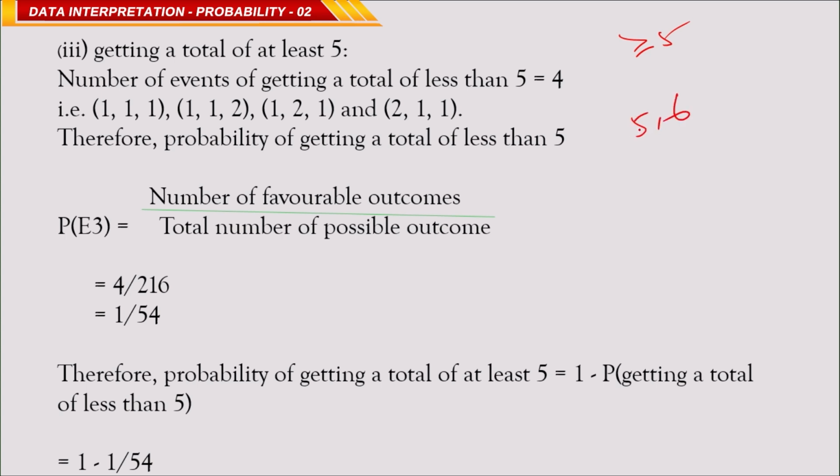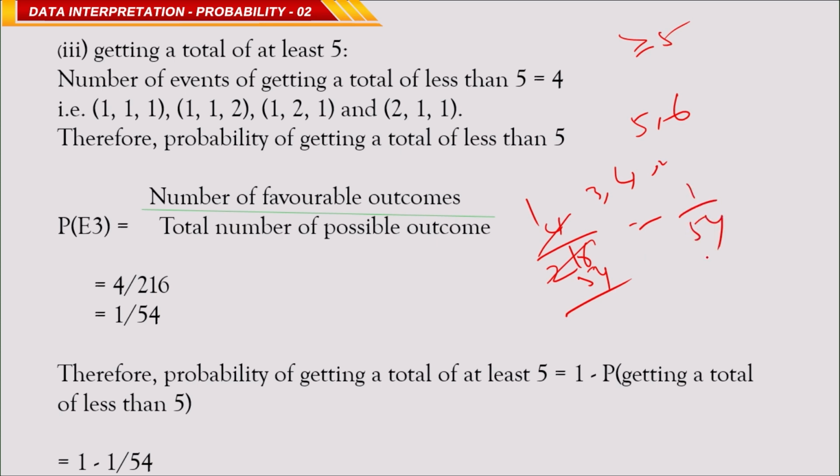Getting at least 5, the favorable outcomes, we can say, are 4 by 216, which simply is 1 by 54.